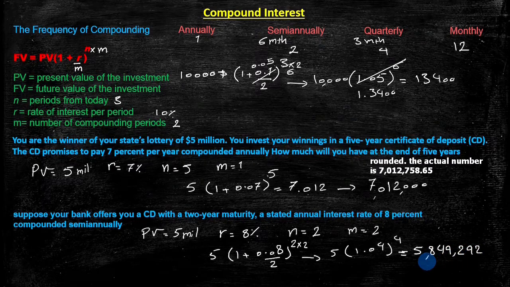Okay, again, try to play around with this formula. Try out different number of compounding periods, and also play around with the duration, like 30 years, 40 years, and then compare.